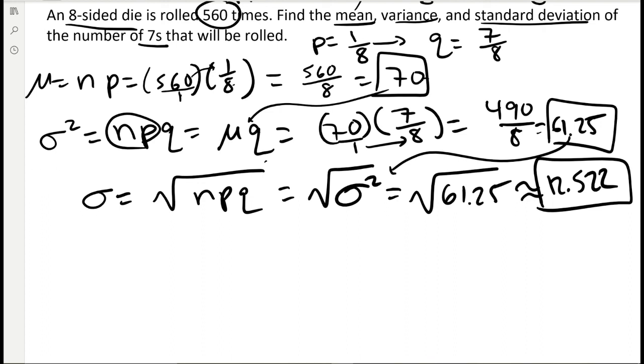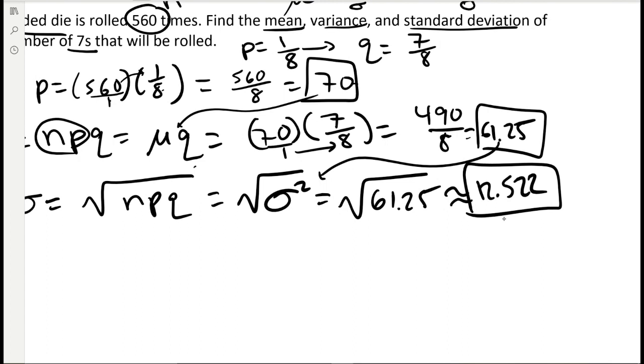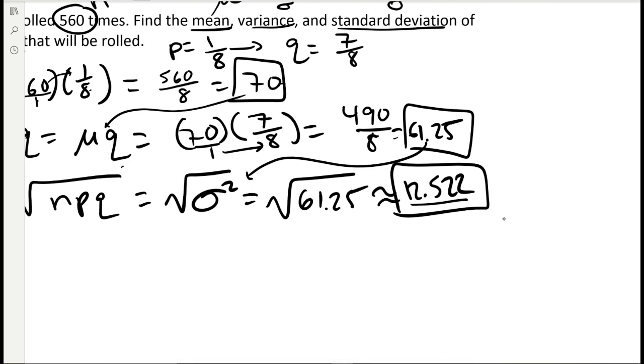Now for the sigma, let's look at the sigma. The sigma is the easiest one, pretty simple to interpret as well. The 12.5 is saying that 12.5 is the typical distance from the average of 70 for each outcome. So for example, some outcomes can have 70 minus 12.5 7s.